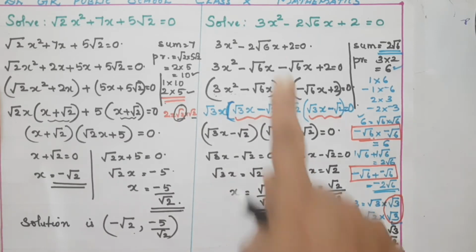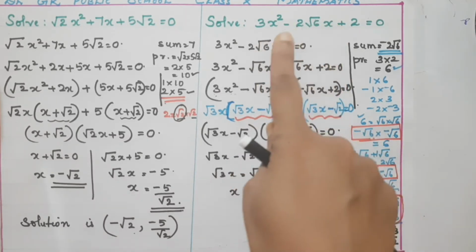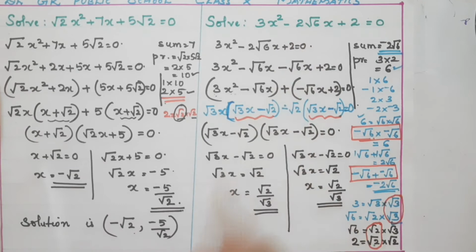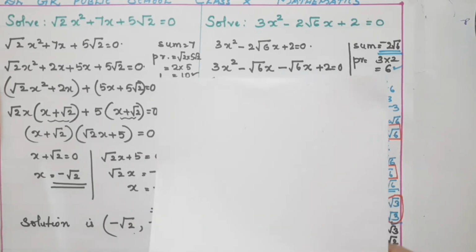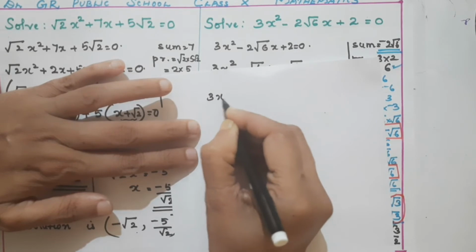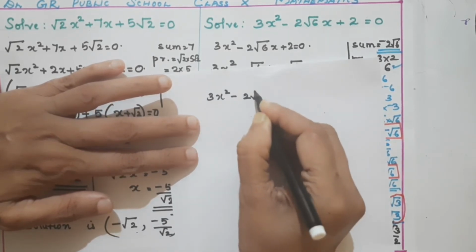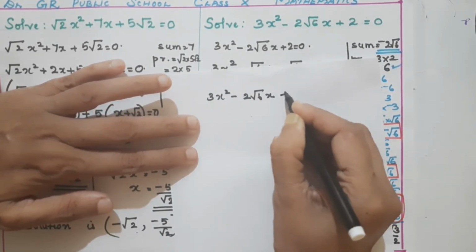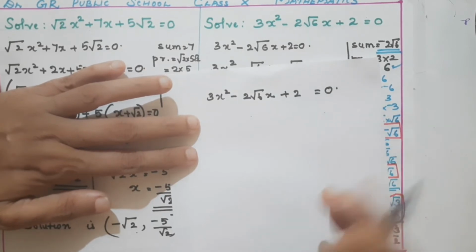Okay, but this can be factorized by using our another identity also. Okay, children? So let me explain that. What is our question? 3x square minus 2 root 6x plus 2 equal to 0.